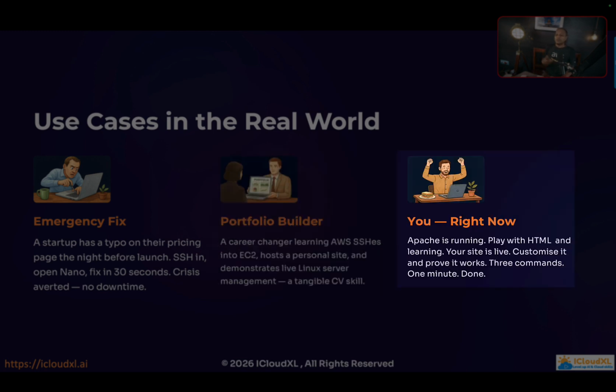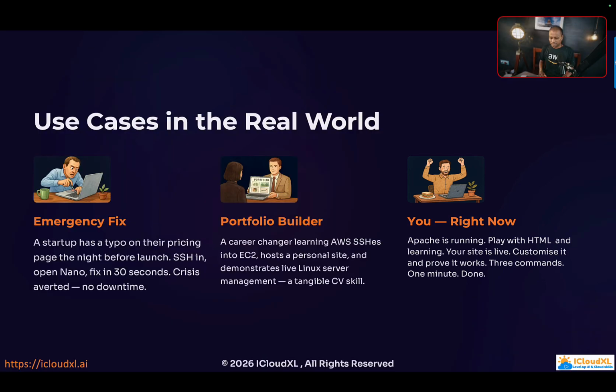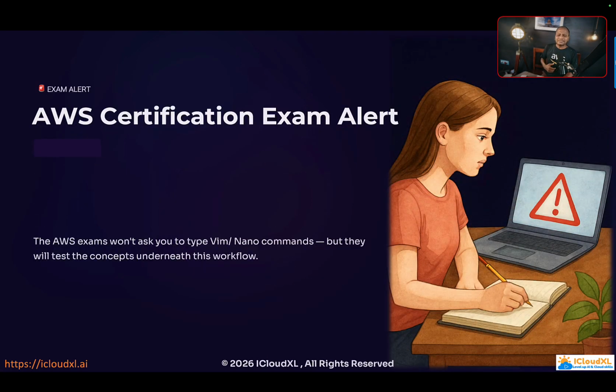And if you're a student, you can play with the Apache web server, you can play with HTML, and you can test it out on a live server, and you can learn HTML as well. So for students also, this kind of setup and terminal is going to help, because on a Linux server you don't have a UI to play with. And for the certification exam, you don't get direct questions like this, but this knowledge will help you understand the question better.